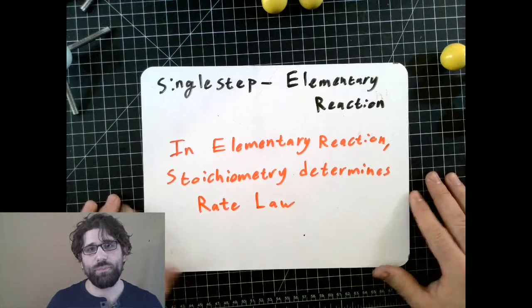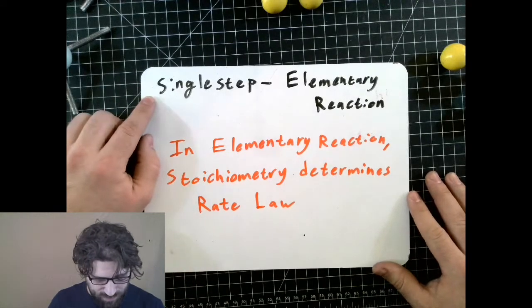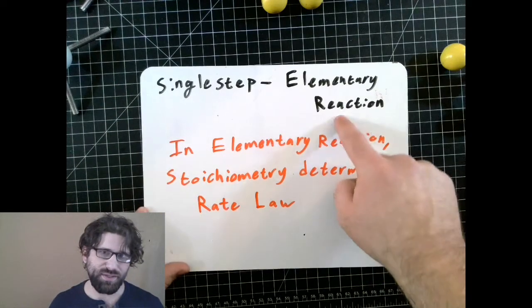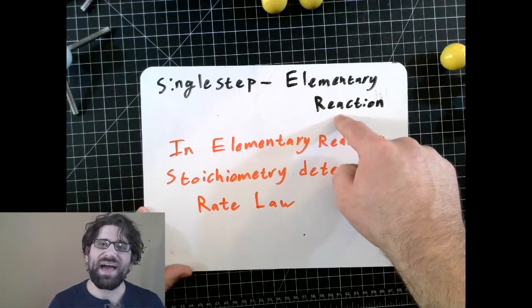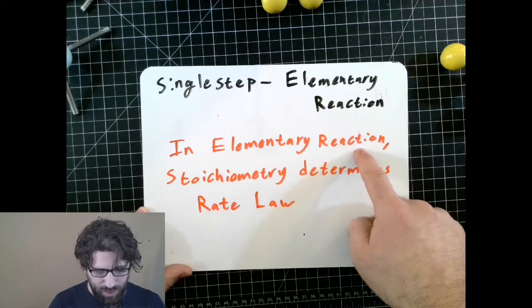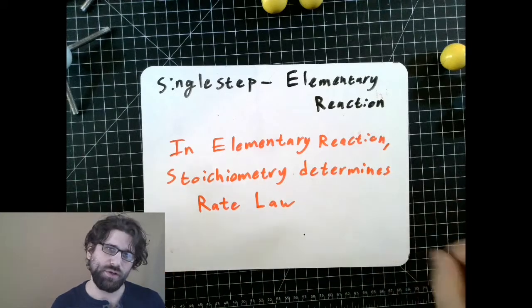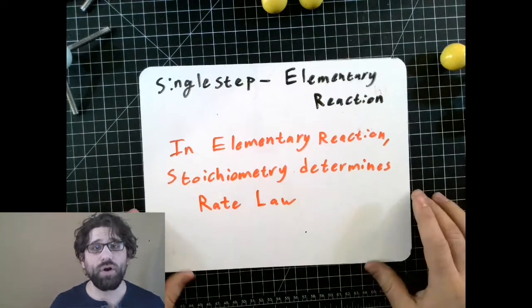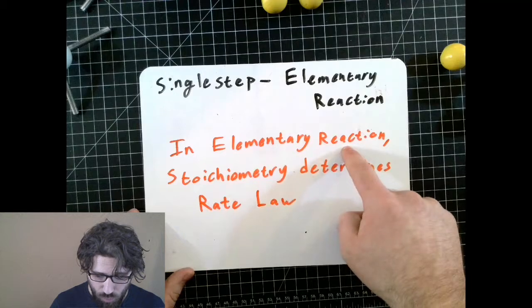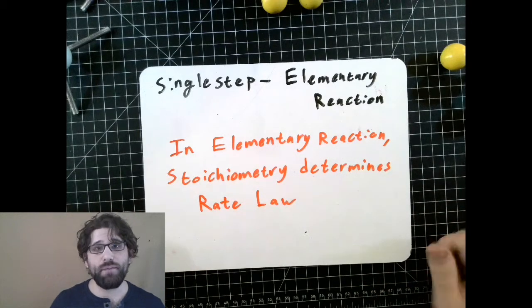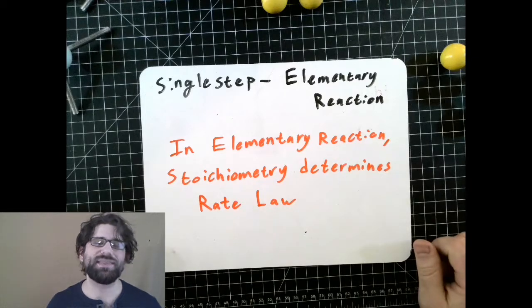So ultimately, the point we're trying to drive home here is that a single step in a reaction, or a reaction that is a single step, is known as an elementary reaction. And in elementary reactions, the stoichiometry determines the rate law. This is important because if we understand what the elementary reaction is, we can more accurately manipulate these reactions to get the desired products.